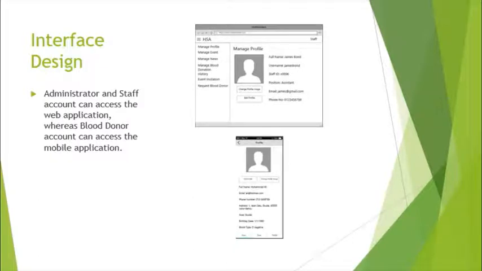However, the design of the web application and the mobile application is different. The web application can only be accessed by the administrator and staff, whereas the mobile application can be accessed by the blood donor account.